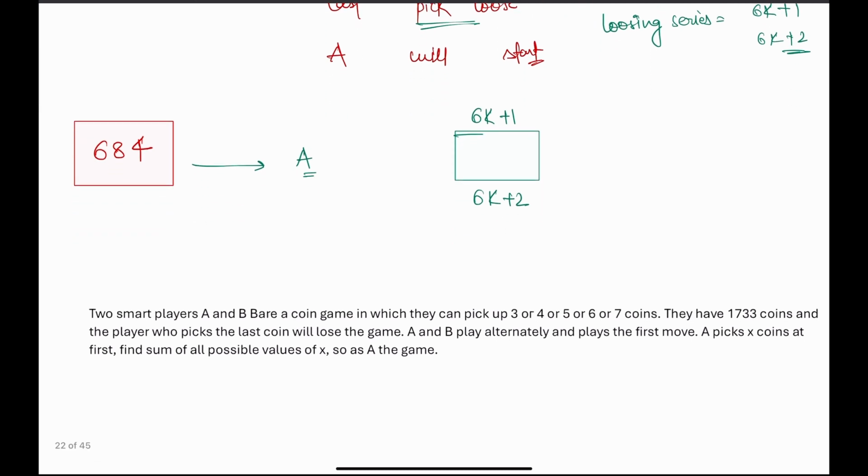So 6k, I will see that this is 113. 113 into 6 is nothing but 684. So we cannot take 113. 112 into 6 will be 680. Oh, sorry, 684, right? No, 684. Sorry, 114. 114 into 6 is 684.